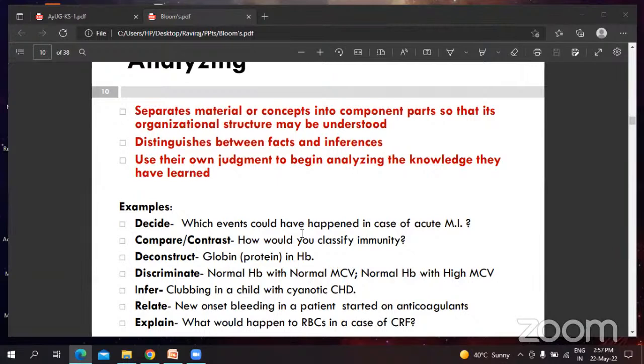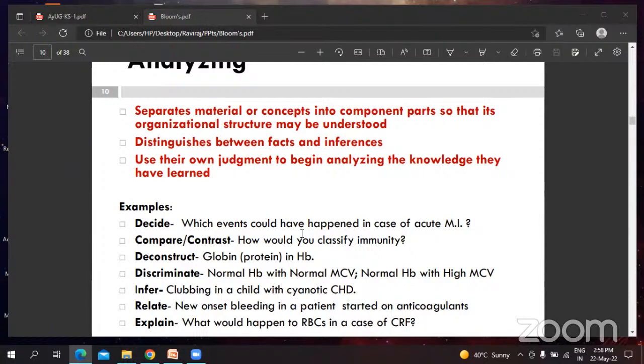This sentence or statement is okay for a layman, but as a doctor, you must be able to analyze what could have happened in case of acute MI, which events could have caused the acute myocardial infarction or heart attack in a patient.